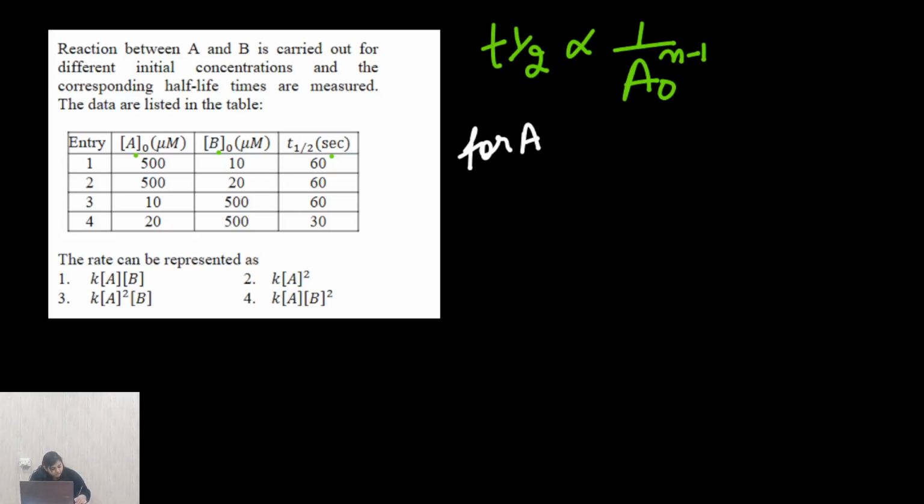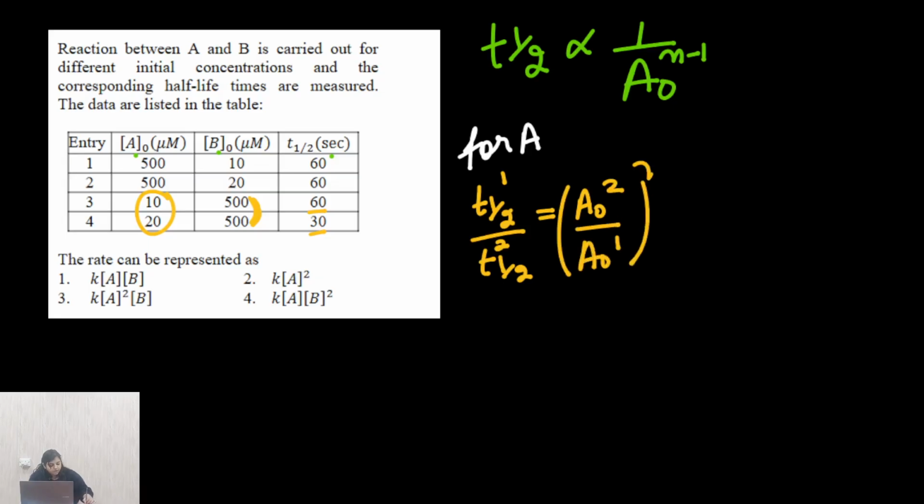So here if you see in these two data, that is third and fourth, the concentration of B is remaining the same, but A's concentration is varying and the corresponding T halves are given to us. So here T half 1 to that of T half 2 will be equal to A naught 2 upon A naught 1 raised to the power of n minus 1, right? So T half first one you can consider as 60 and the second one is 30.